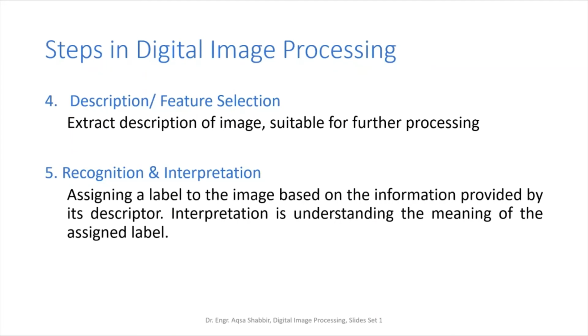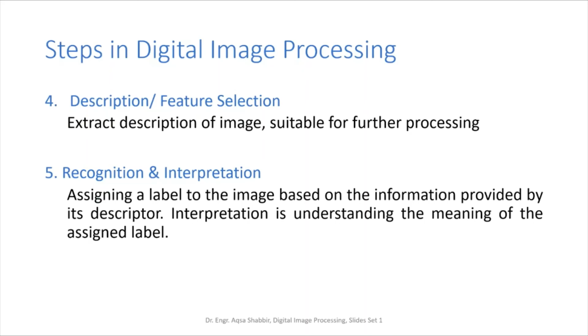Then the final or the fifth step in digital image processing is recognition and interpretation. Continuing on this automatic facial expression recognition example, the last step would be that once those useful attributes, which I just told you, whether a frown is there or not, or what the width of the jaw is, from these extracted attributes or characteristics, it is recognized what that expression is.